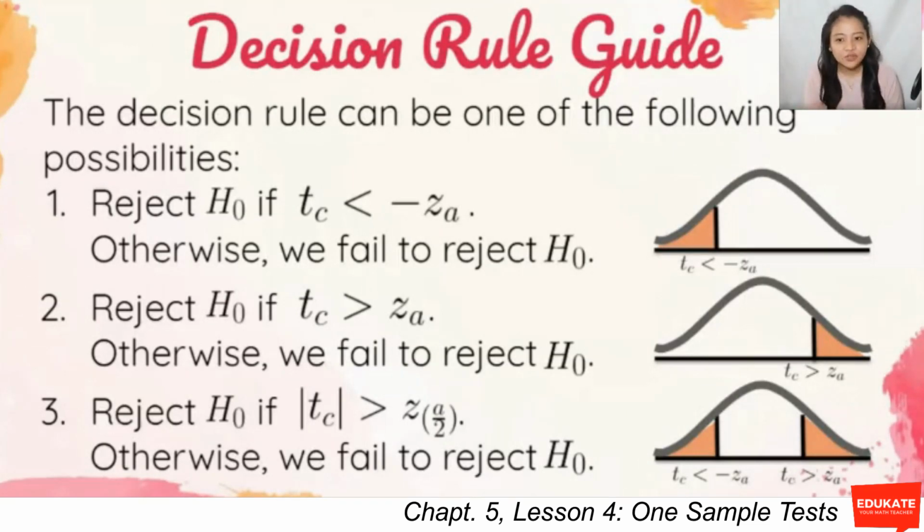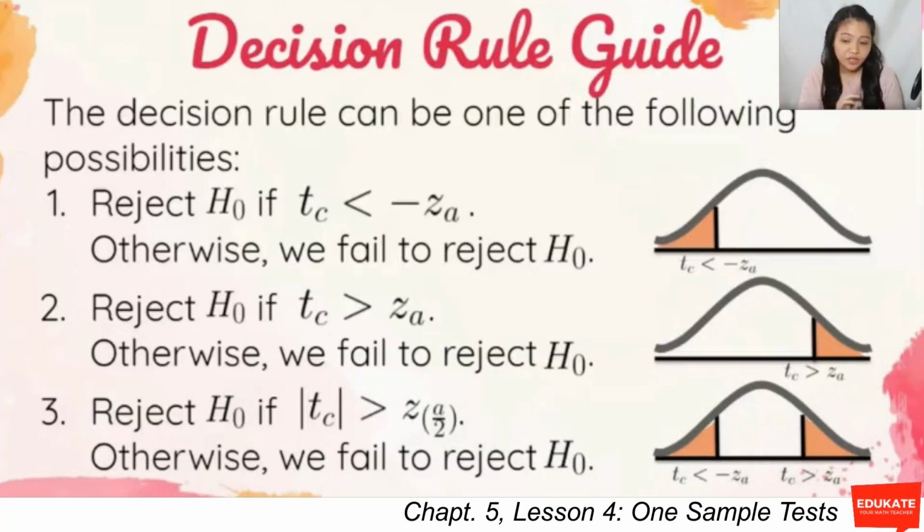So the decision rule guide can be one of the following probabilities. Pag ang alternative hypothesis mo ay less than, you are going to look at the first decision rule guide. So it would be reject null hypothesis if computed test statistic or TC is less than negative z sub a for one-tailed on the left.